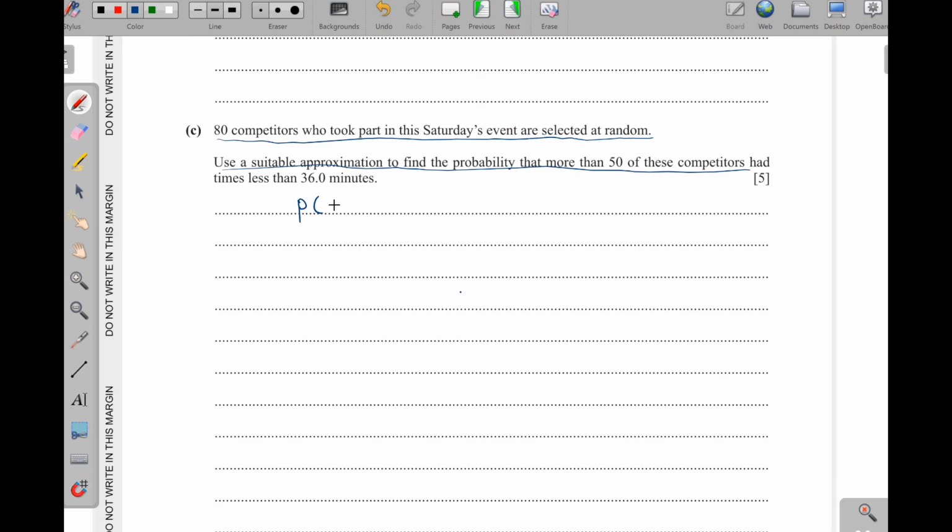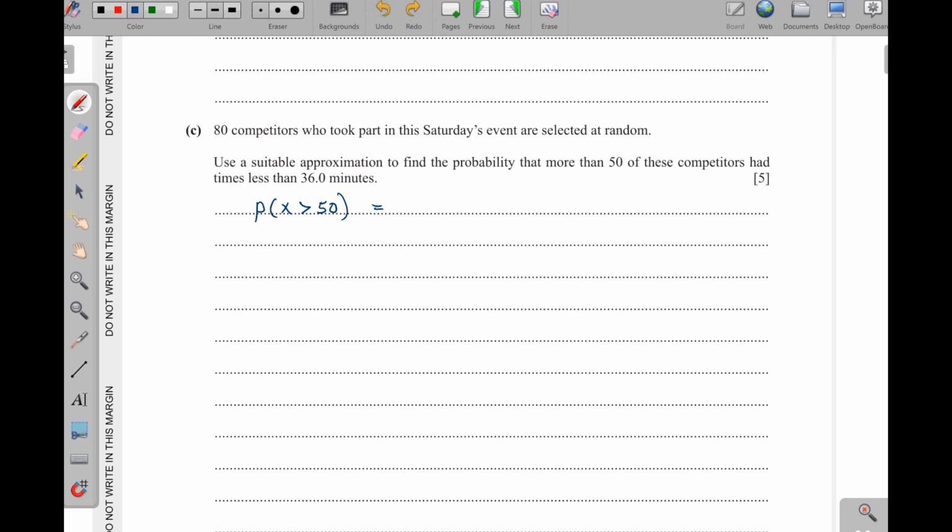Now, for greater than 50, when they say use a suitable approximation, we move away from the binomial to the normal, okay? Because we are supposed to find the probability of x greater than 50. That means you're going to have 51, 52, 53, 54, 55, up to 80. When will you finish? So it becomes a little bit hectic, right?